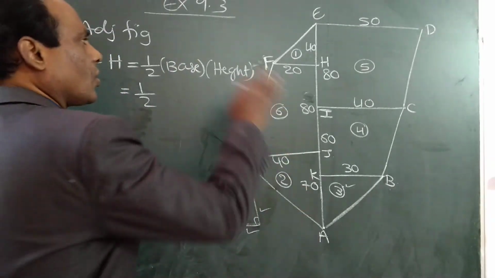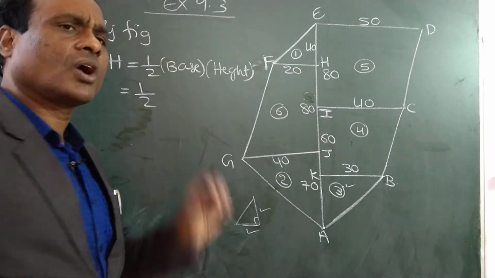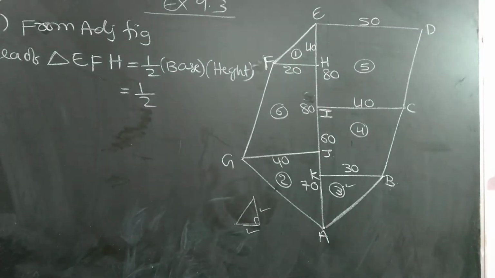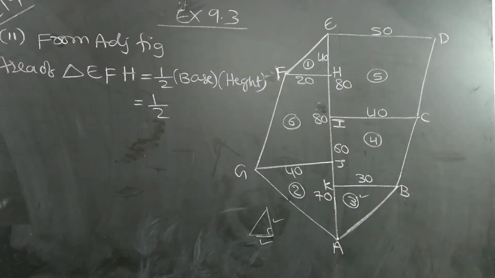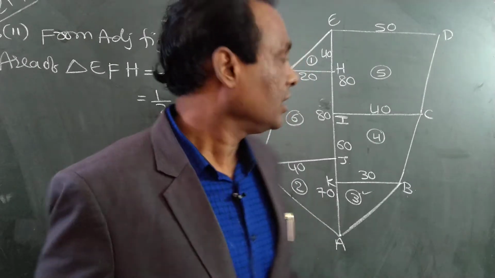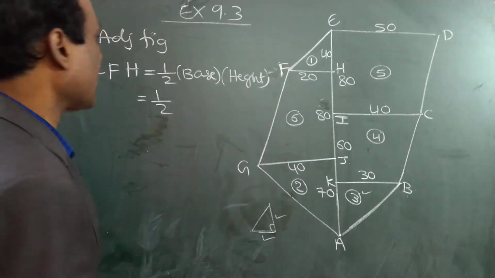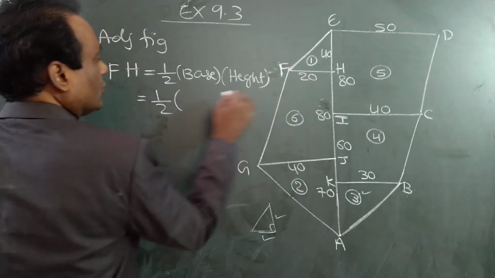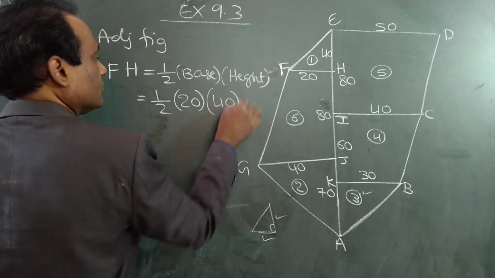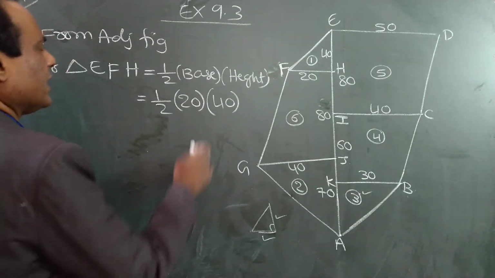So forget about the remaining diagram. Concentrate only on this triangle. What is the area of the triangle? See here, in this first diagram, area of triangle is half into base into height.